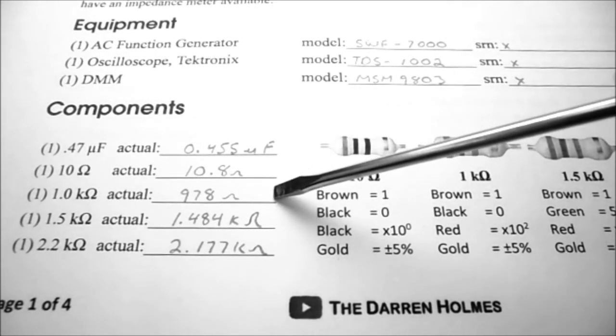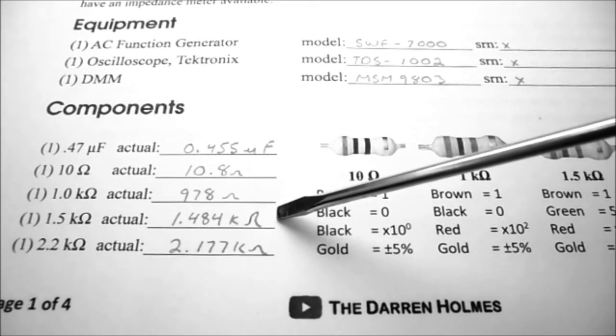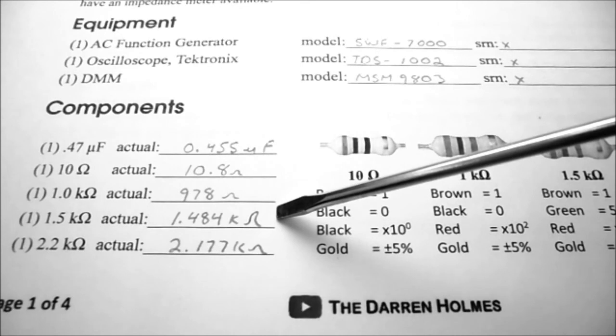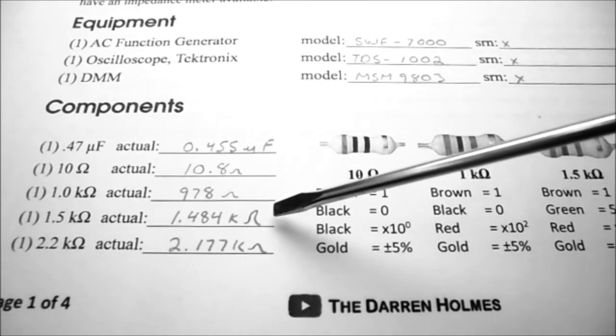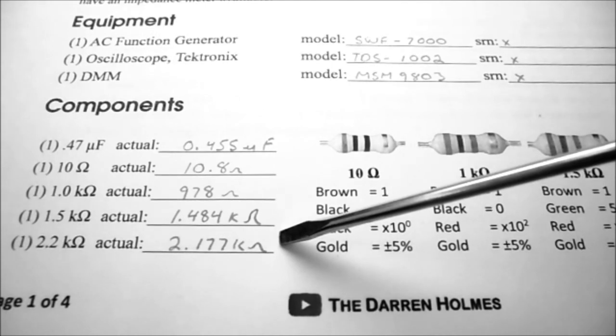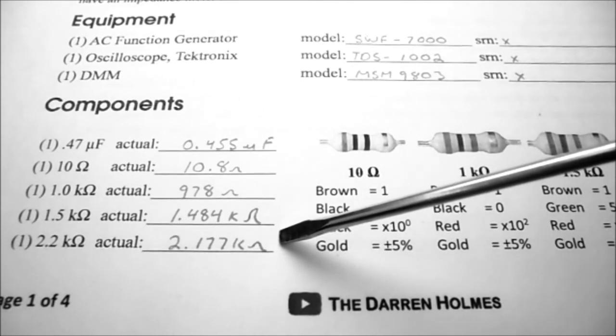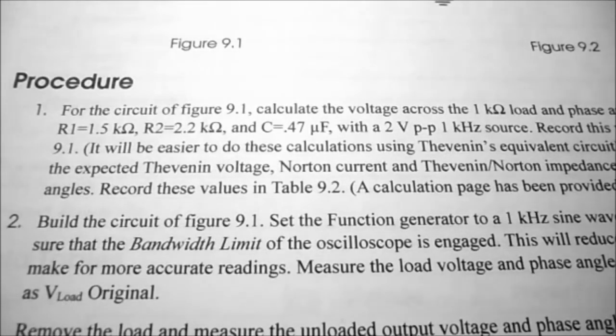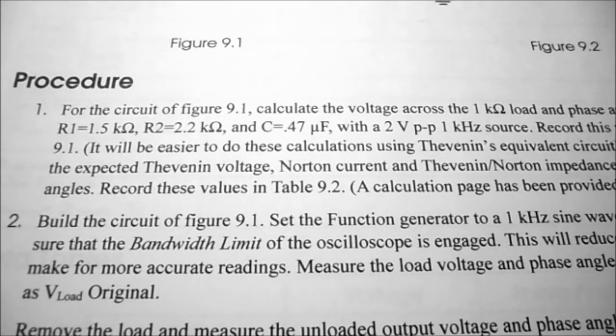My 1K ohm resistor is 978 ohms. My 1.5K ohm resistor is 1.484K. And my 2.2K ohm resistor is 2.177K ohms.